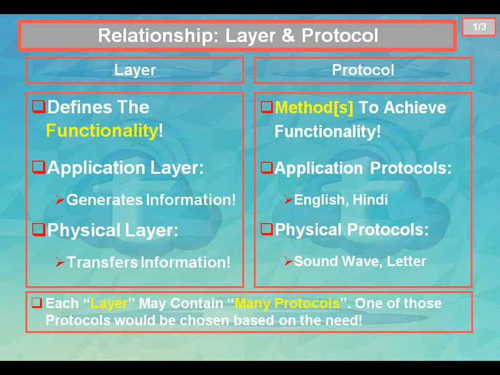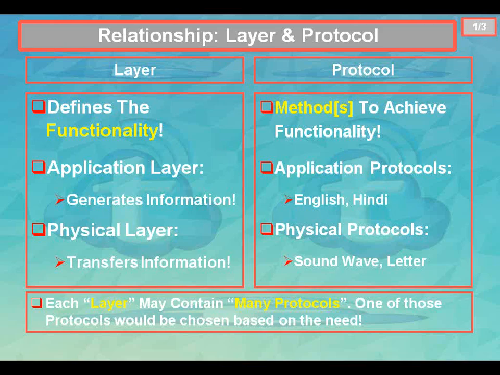Who implements the actual functionality is always protocol. Protocols are part of the layer. But layer never does anything. Layer just defines the functionality, tells that whoever implements this functionality, that guy is great. Who is that guy? Protocol. Actually, the functionality implementer is who? Protocol.